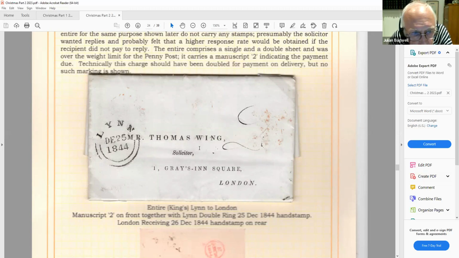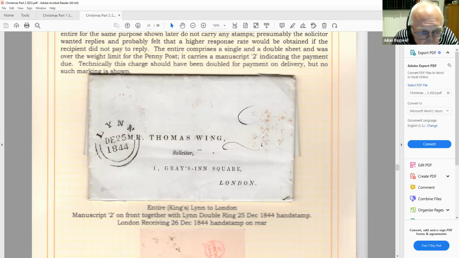And why has it got a 2 on it? Well, I don't know, but I'm fairly sure the reason is that the solicitor, Thomas Wing, who was actually a Lincolnshire lad originally, sent them out to these landowners and wanted them to send it back. So basically he said, I'll pay on receipt. He didn't want to put stamps on in case they didn't send it back and used the stamp instead.